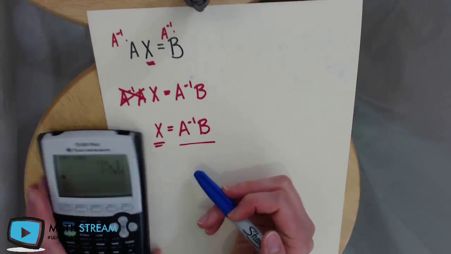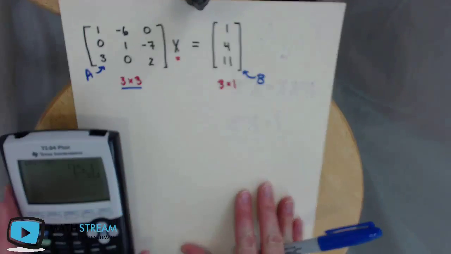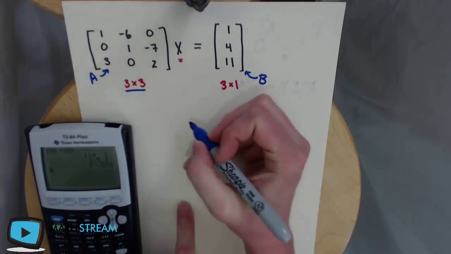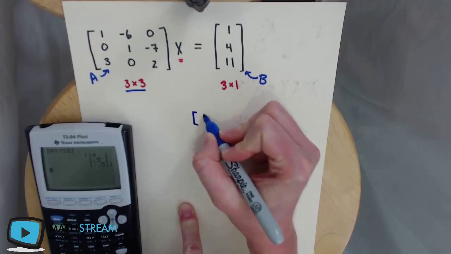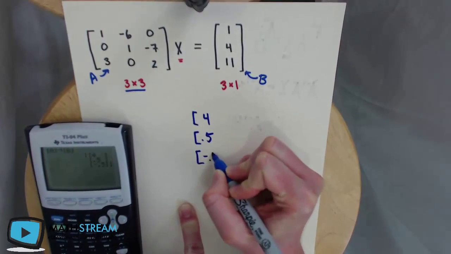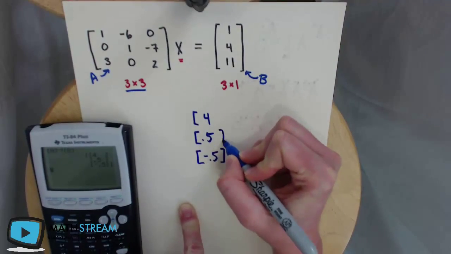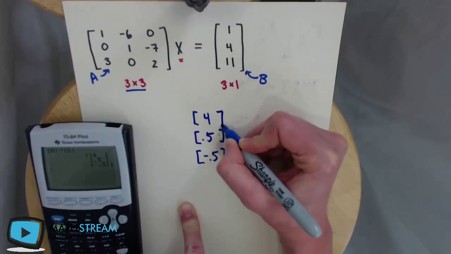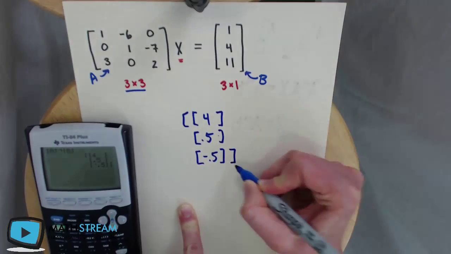We end up with a matrix, and I'm going to actually write out here what our answer looks like. We get a matrix that on our calculator looks something like this. All these funny little brackets.